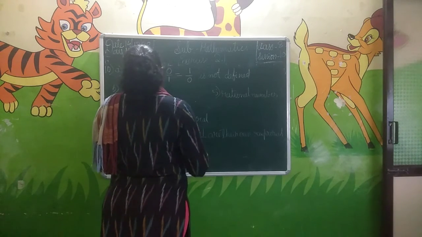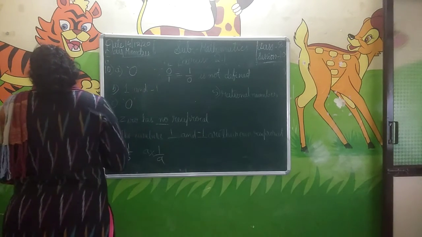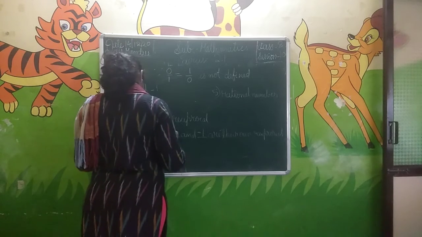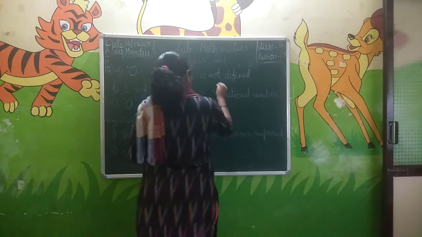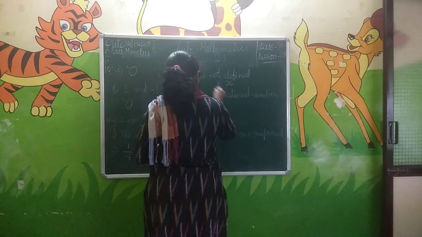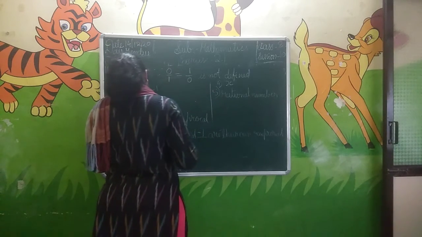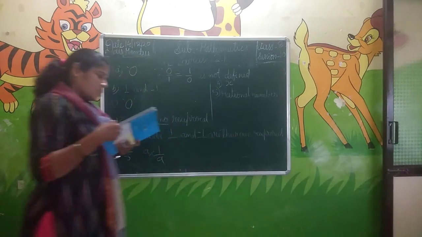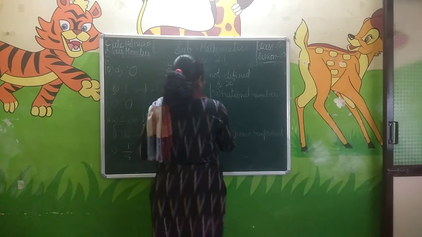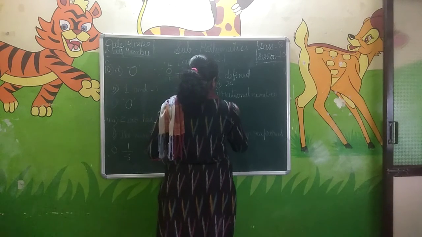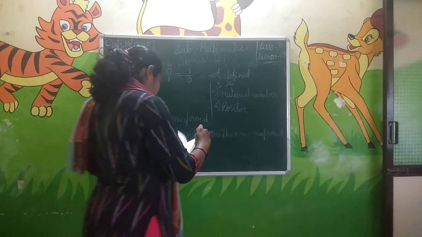The reciprocal of a positive rational number is also positive itself. Okay, got it, students? Next, come to the sixth one. If it is a positive rational number, then the reciprocal will also be positive.